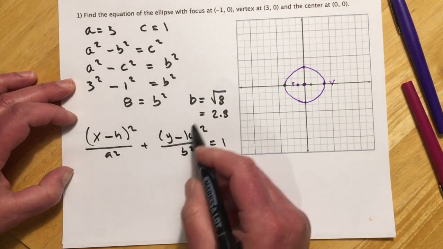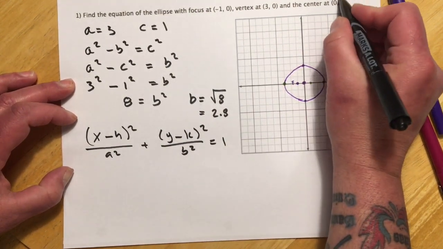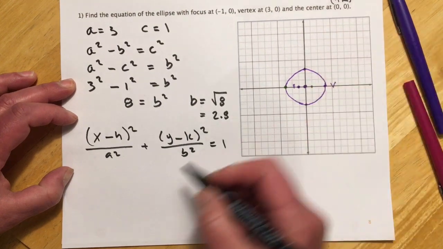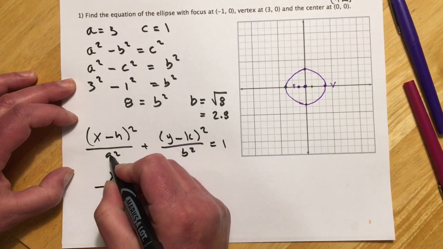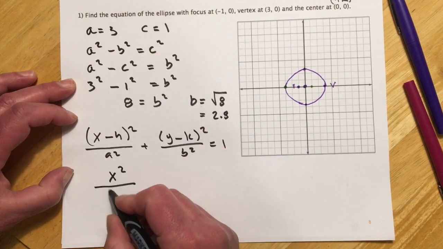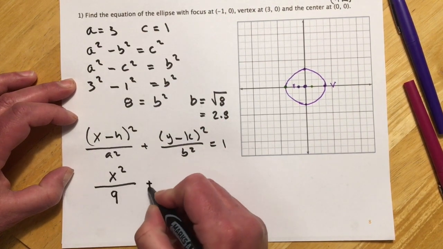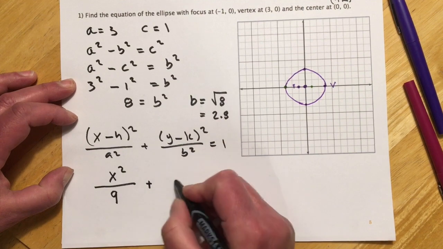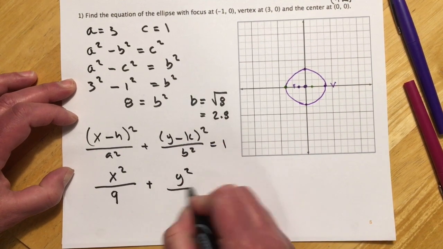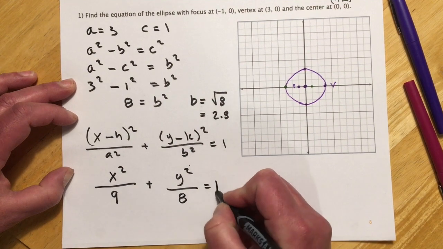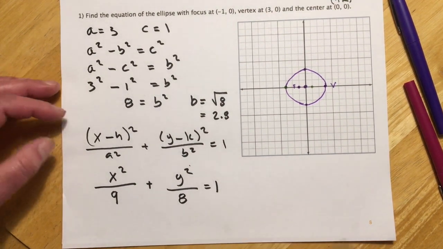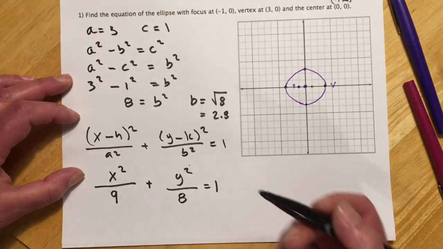And in this case, h and k, the center right here, are already zeros, so these just reduce down to x squared up top over a squared. So a was 3, so a squared would be 9, and then plus y squared, because that's 0 again, over b squared, which I have right there, is 8, and that would equal 1. So that'd be my equation to the ellipse.